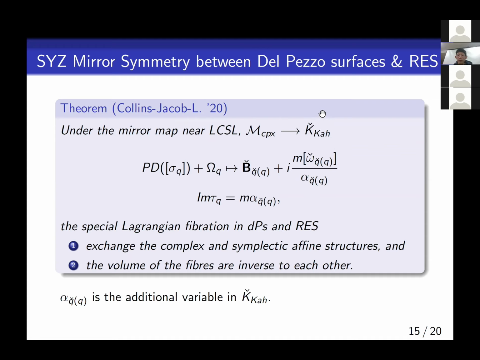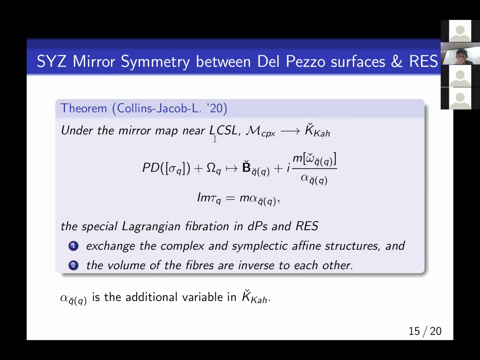So I will fix that particular distinguished complex structure, and then I'll consider its Kähler moduli. Then one chooses a section, and then one writes down a very explicit mirror map.